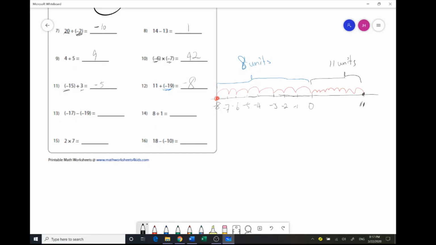Number 13, I have negative 17 minus negative 19. So let me write it down first. Negative 17 minus negative 19. Again, I'm subtracting integers, so apply the KCC: keep the negative 17, change the minus to a plus, change the negative 19 to a positive 19, which is just 19 in itself.